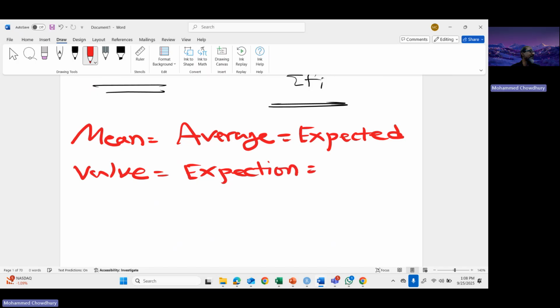If someone tells you mean or average, it could be in data format or in a probability distribution format. But if someone says mathematical expectation or expected value, you immediately think that this is an average coming from a probability distribution.